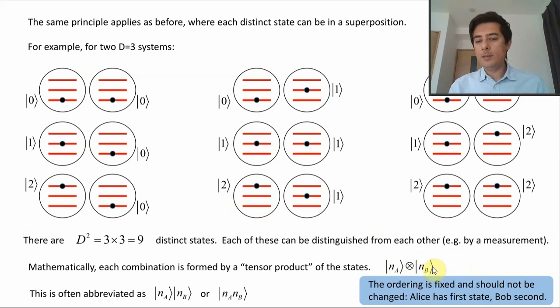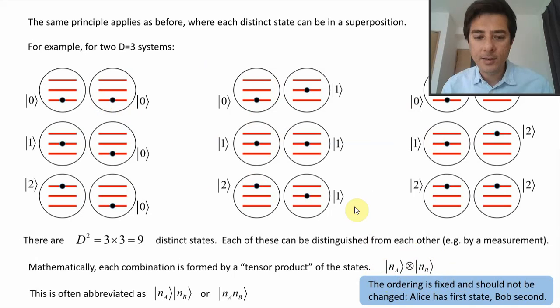So that's the mathematical way of writing the composite system. Here, this NA and NB could be any one of these 9 states, according to the different combinations of NA and NB.